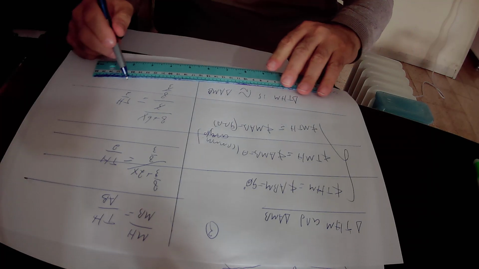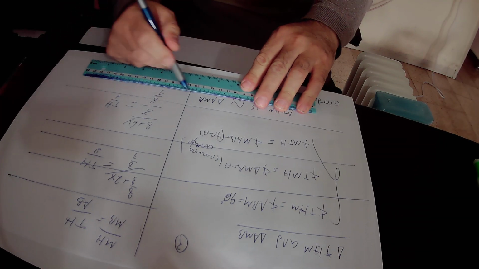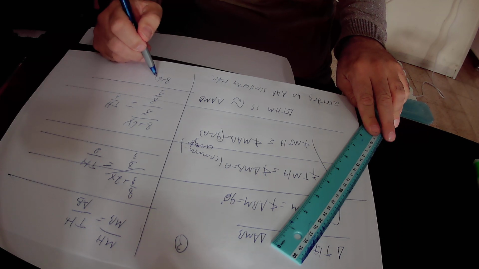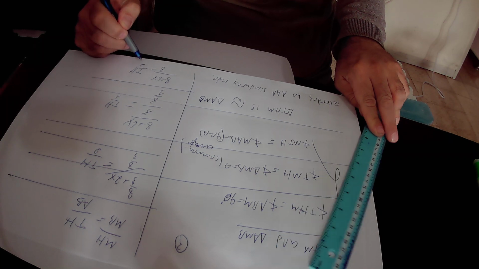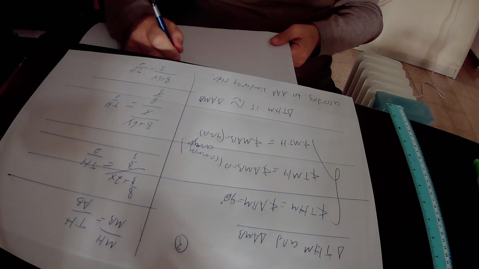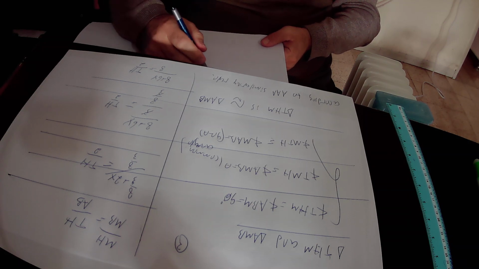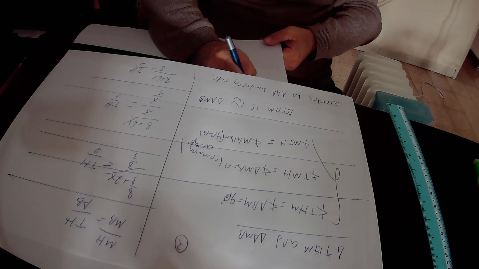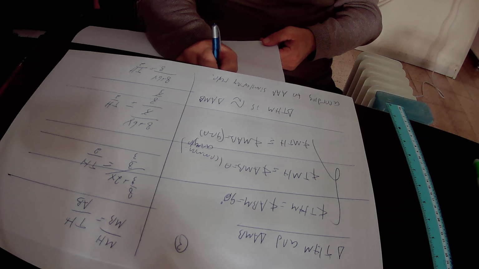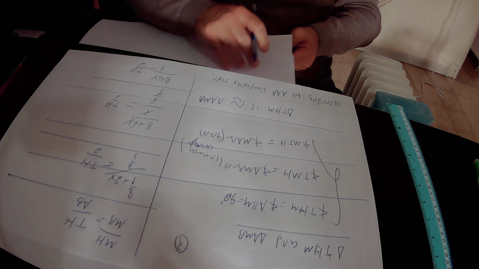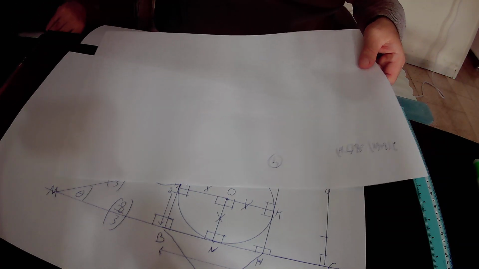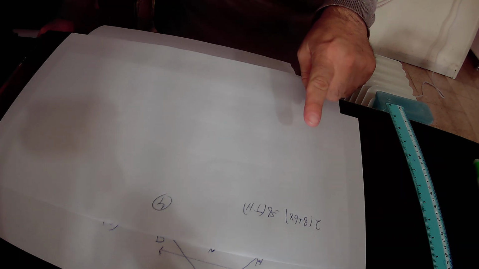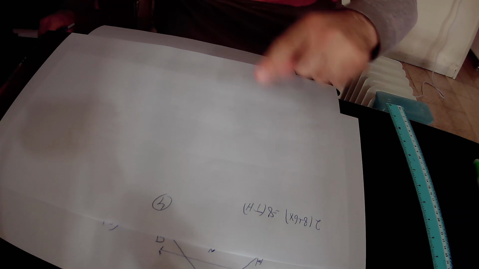So we are left with 8 plus 6x over 8 equals TH over 2. Here we cross multiply and get 2 times 8 plus 6x equals 8 times TH.